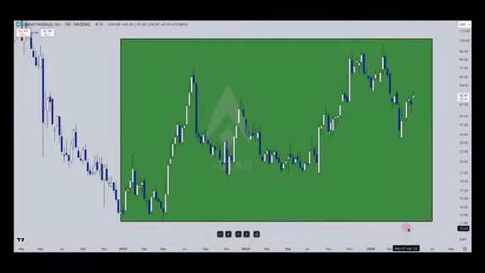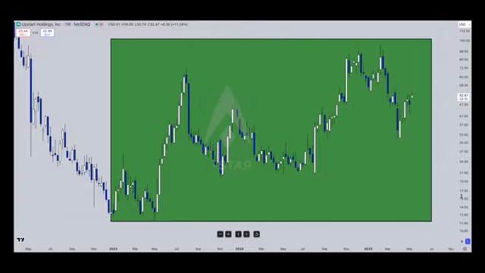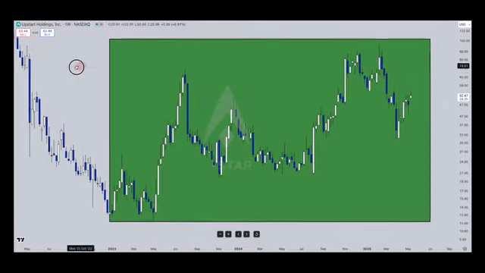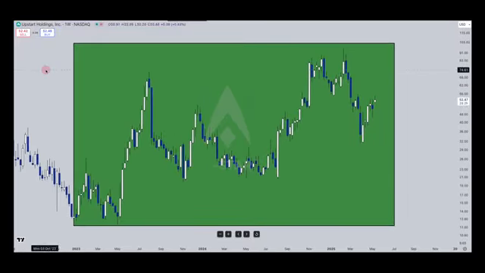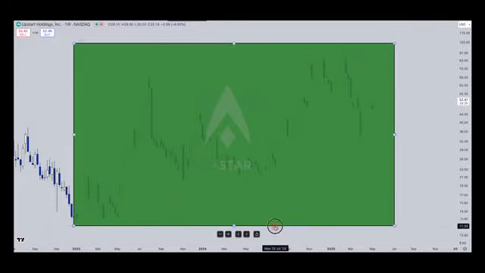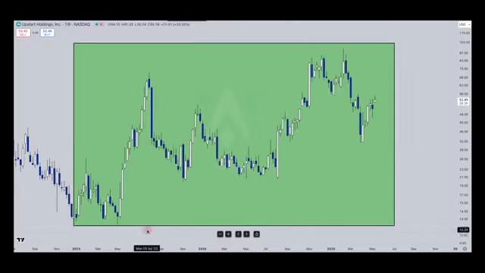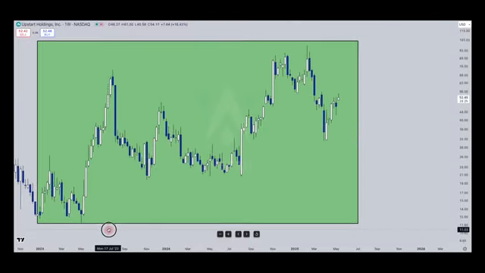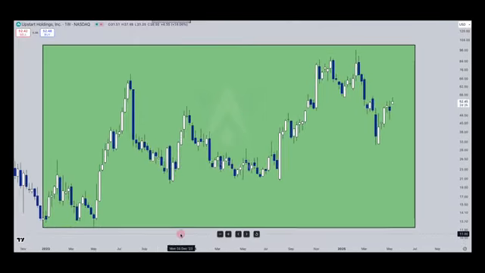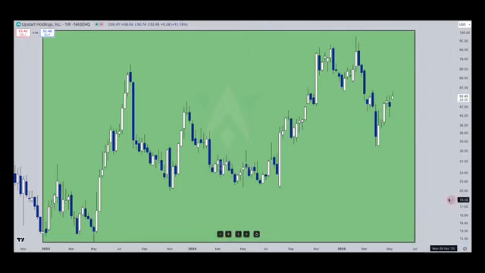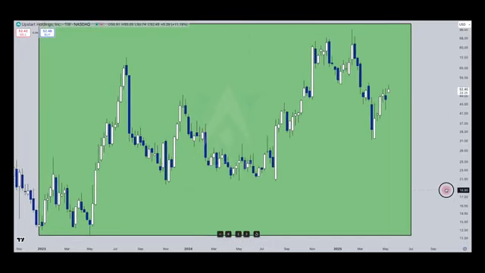When the trend changes, this is another example of... okay, so let's take this. Let's consider this price action for a discount market.